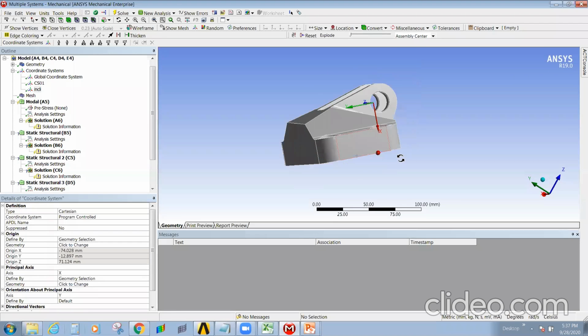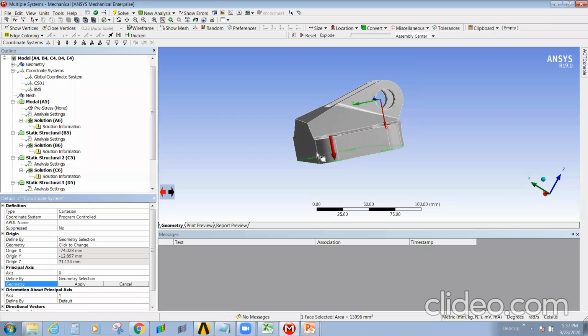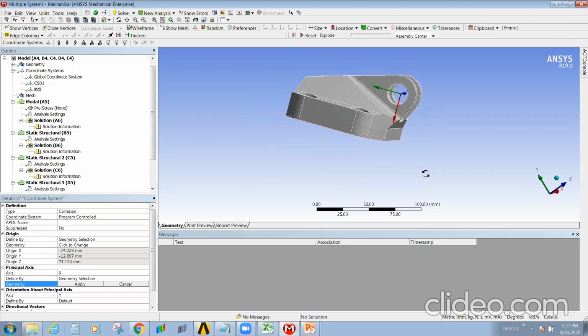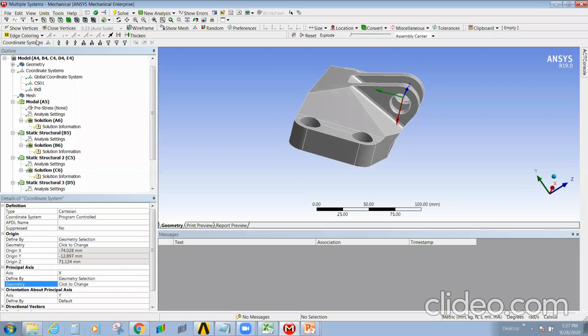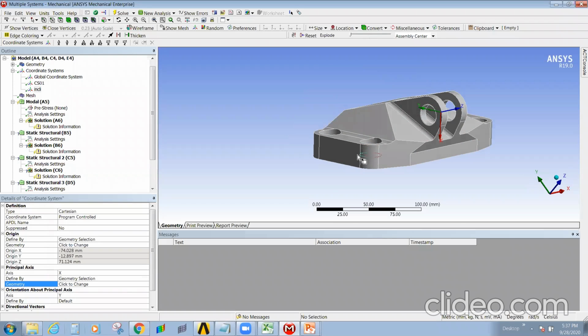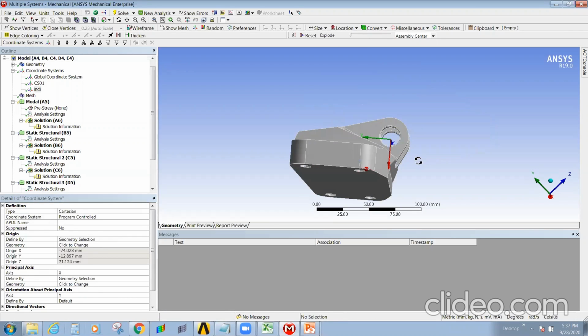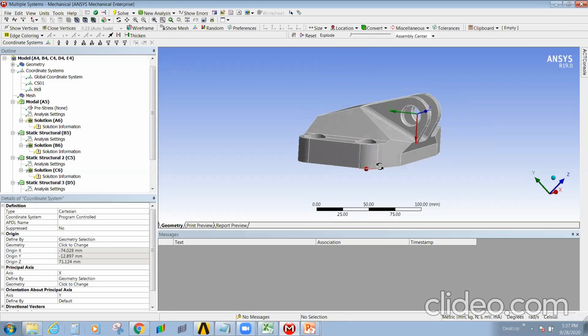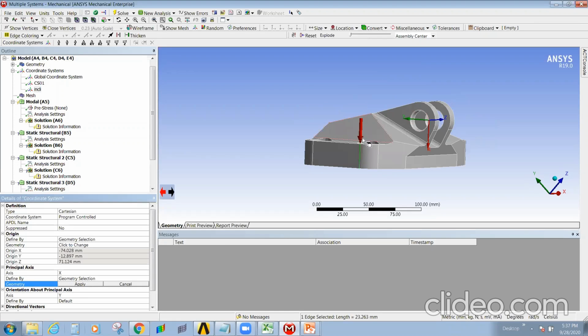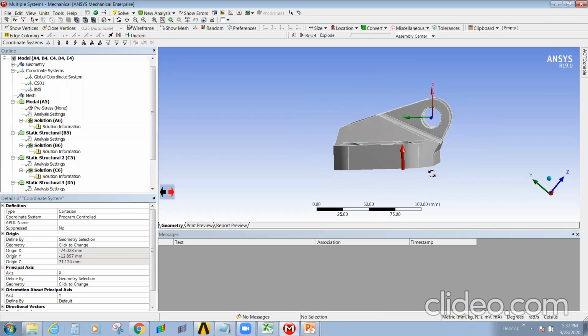Now you can see your X axis is below, so I'll select this edge as the vertical line in the geometry selection. Okay, so now your X will be the vertical line. It is showing downwards, so change the direction. It will be upward. Your X will be in the upward direction.